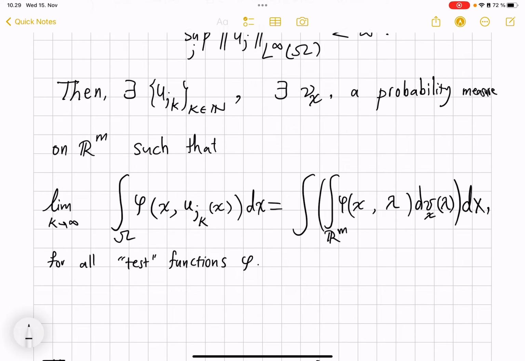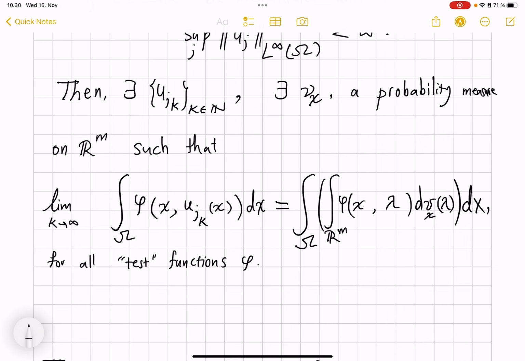So there are these probability measures, one measure per each point in omega, so that this limit equality claim holds. So then we say that these nu_x are the Young measures associated to this subsequence. Of course, you may have a different subsequence and then end up with a different Young measure. So it's not unique for the u_j, but it's unique, of course, for u_jk.